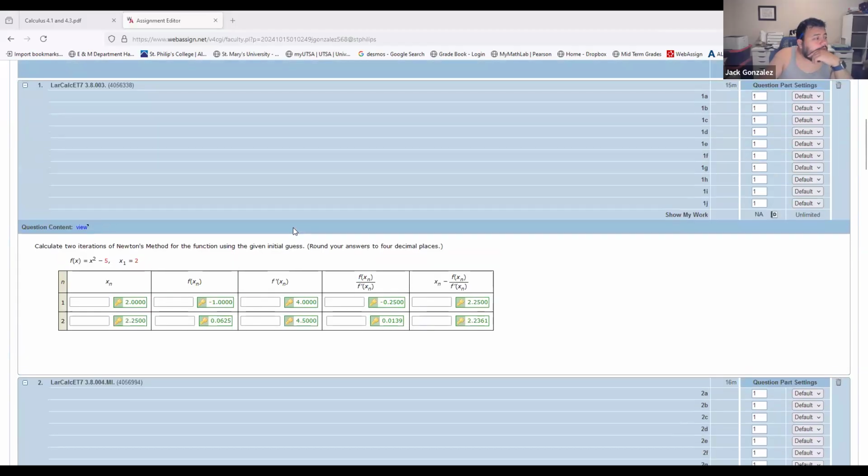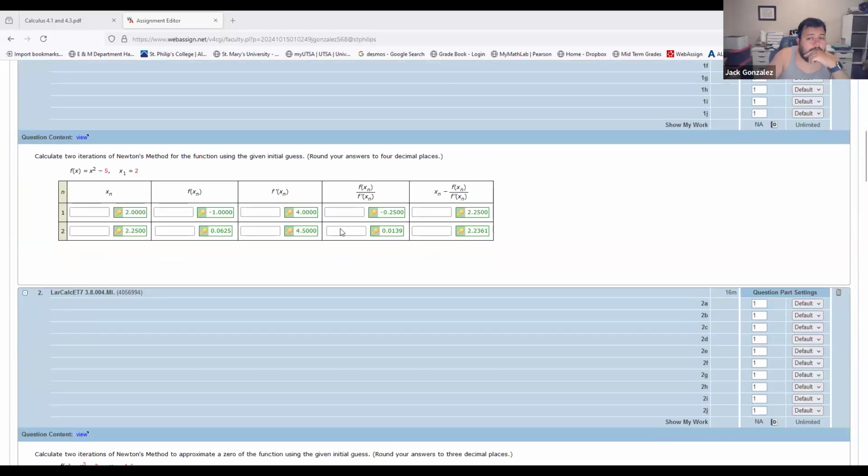So in the homework, let me show you, the homework makes it look harder than it really is. Here, what they're doing is doing piece by piece by piece, which makes it look complicated, but in reality, you could do it all at once.